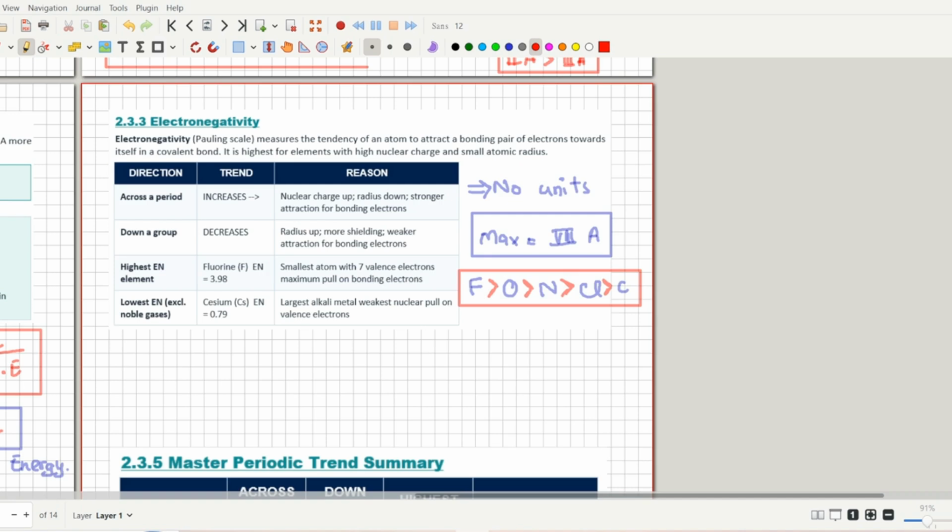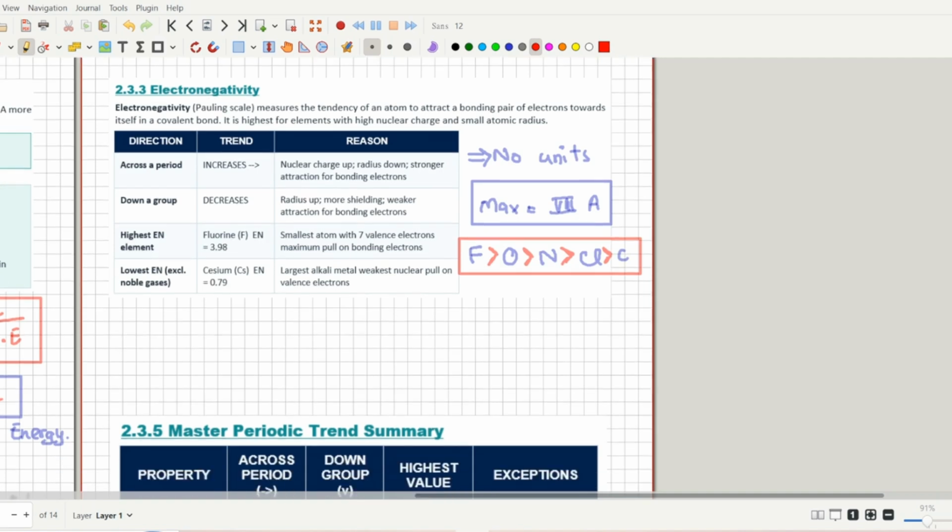If you're talking about electronegativity, there are things you need to know. The first is what happens if the electronegativity difference is greater than 1.7, what if it is less than 1.7, and what if it is equal to 1.7.